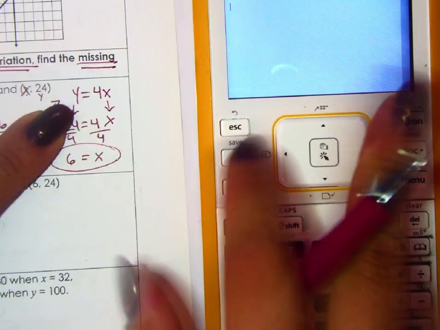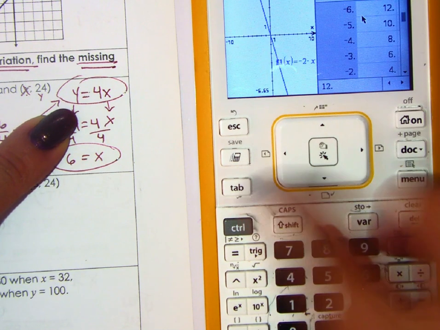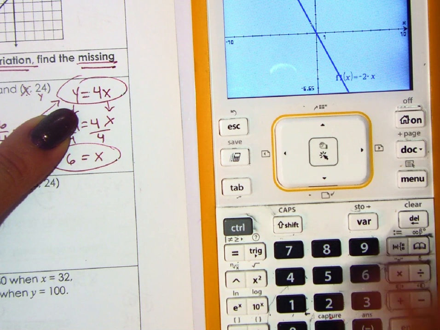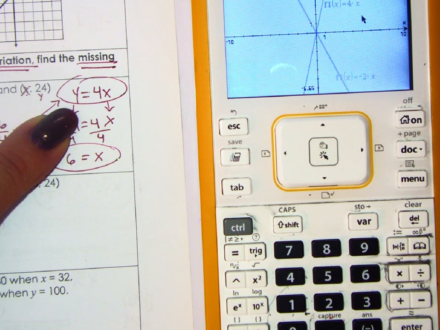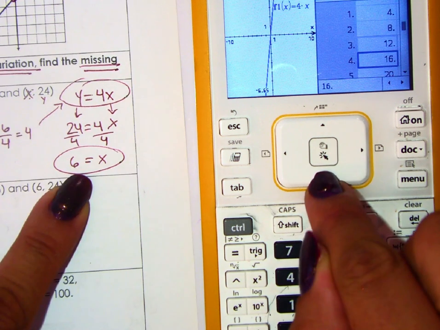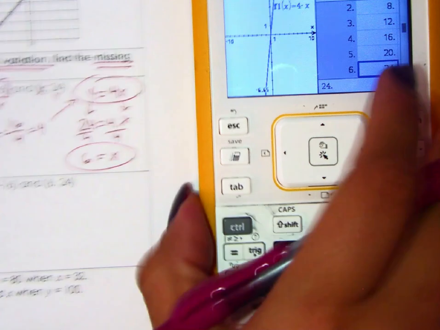So if we were to graph this equation, y equals 4x, let me clear this. Then we will have to go to the table and double check that when x is 6, our y is 24. So that is correct.